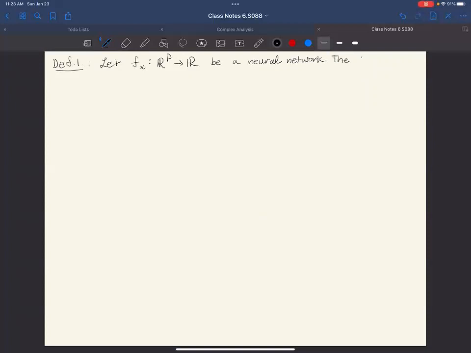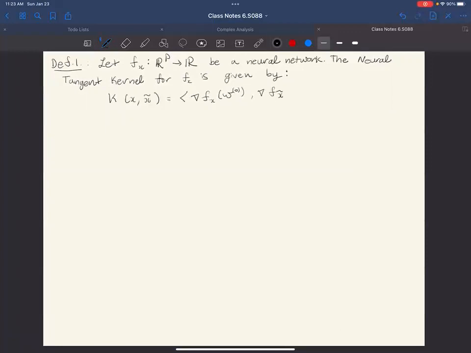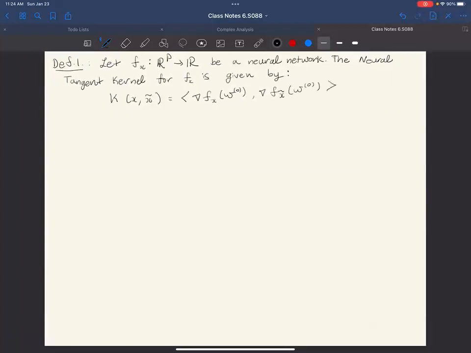The neural tangent kernel for f is given by k of x, x tilde, which is just this gradient, where w naught is an initial value for the parameters. Okay.